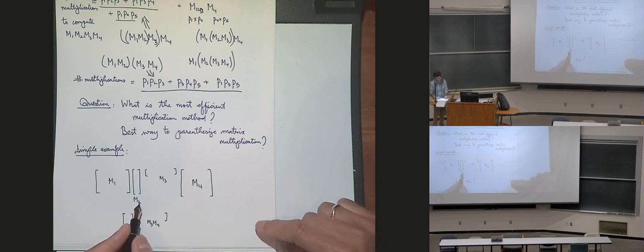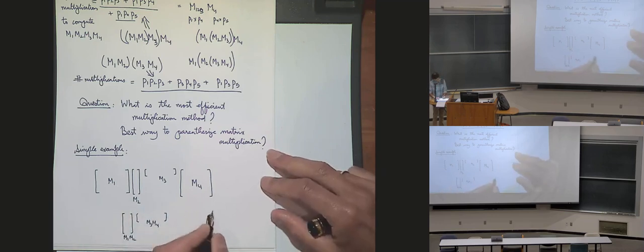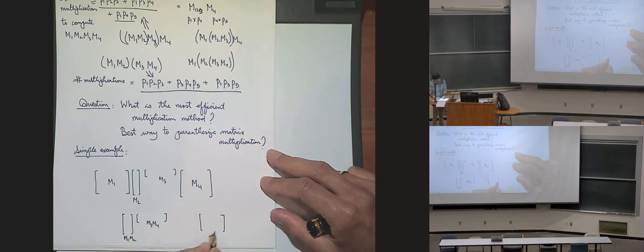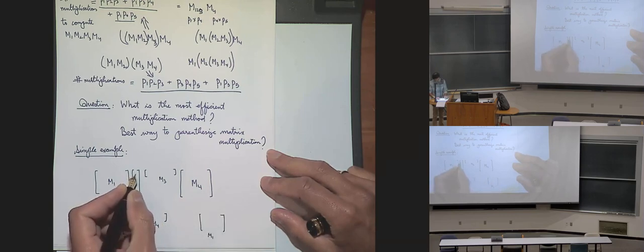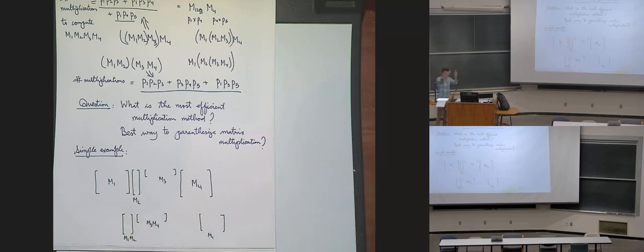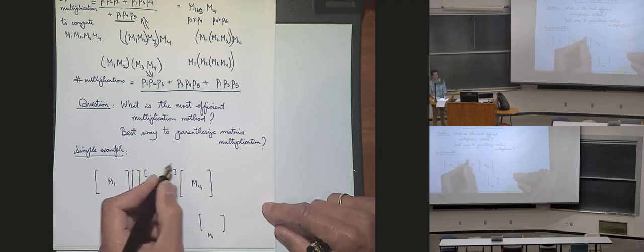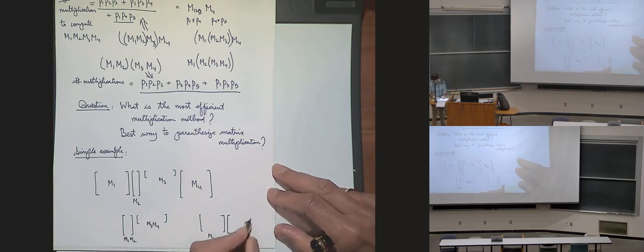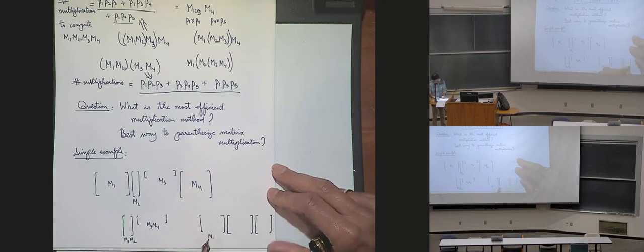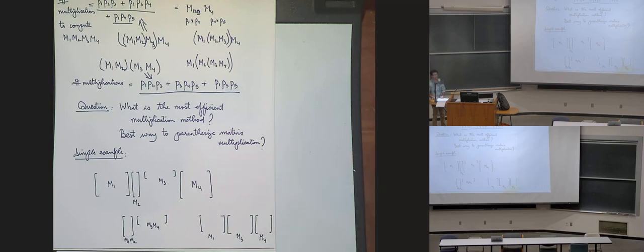So for example, suppose you decide to multiply M2, M3 first. You get M1. Now, M2 times M3 is actually a big square matrix, because there are lots of rows here and lots of columns there. So you end up with something like this. That was a bad choice to start off with.